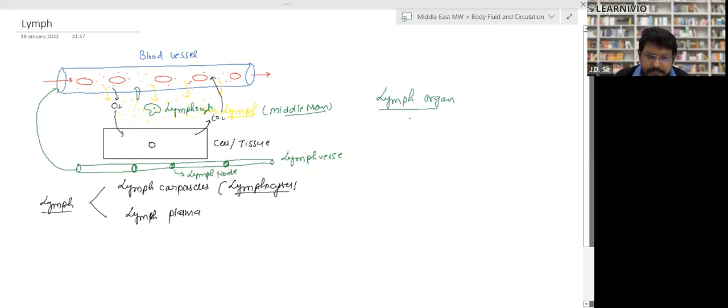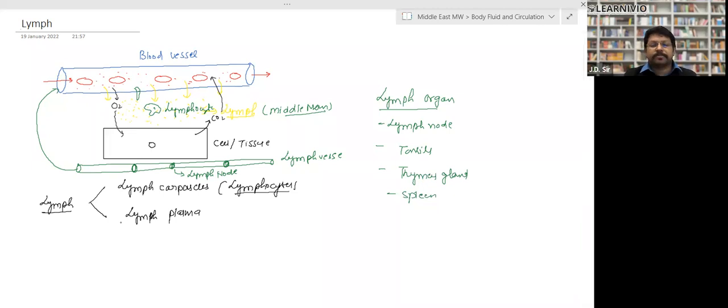They are lymph node, tonsils, thymus gland, and spleen. One last point: please remember the names of these lymph organs which secrete lymph. It's an important question.